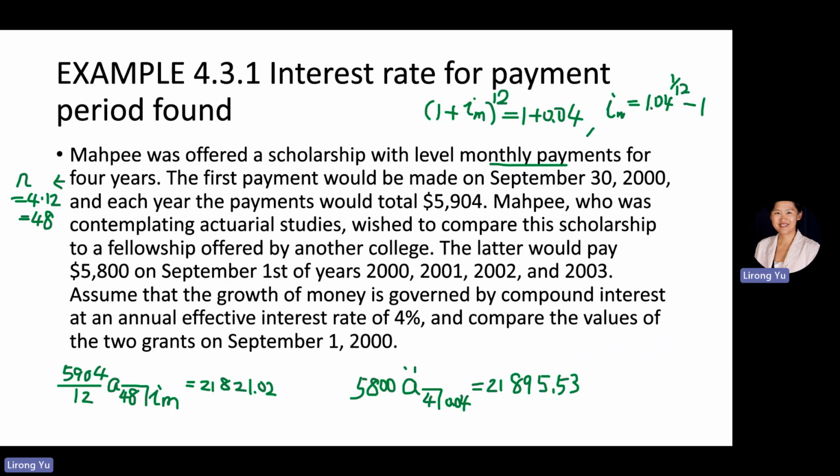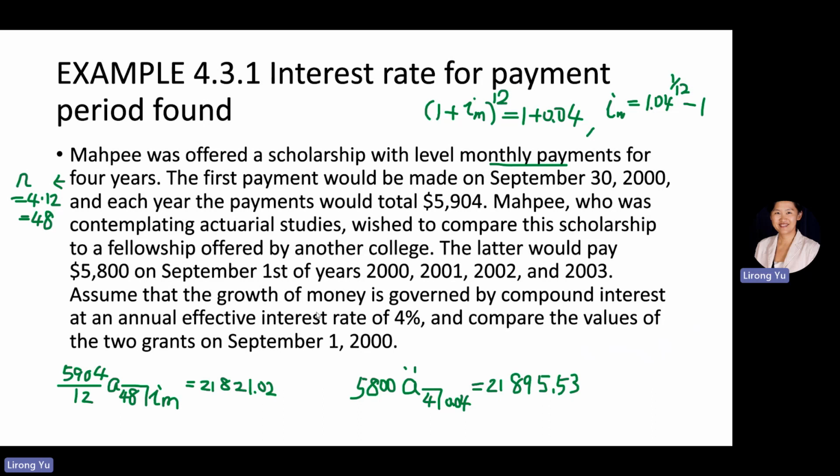All right, so let's look at the differences between the two. The first one: the 5,904 divided by 12 is the amount of each payment. It's a monthly payment. If you are being paid monthly for 4 years, the total number of payments is 48. And we have to find the monthly interest rate because the payment is monthly.